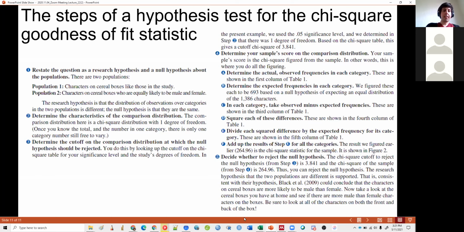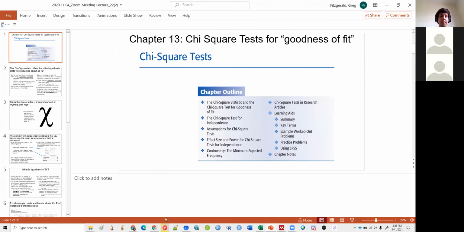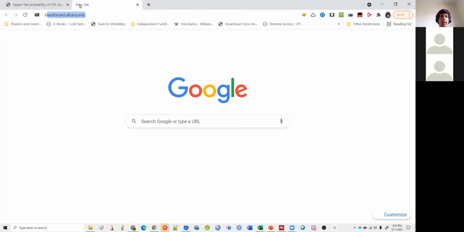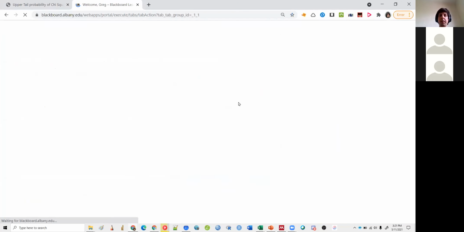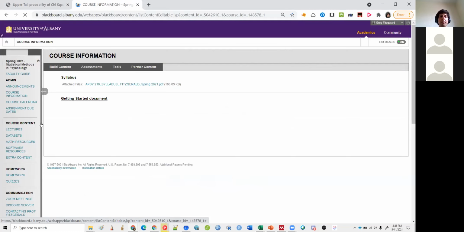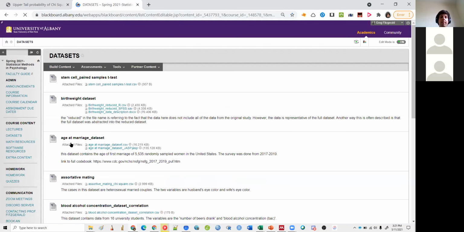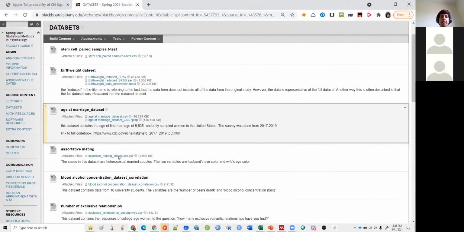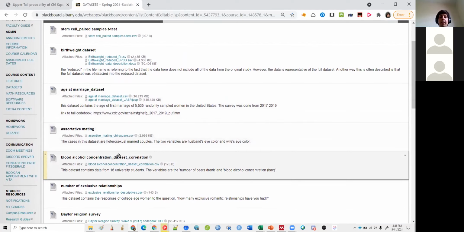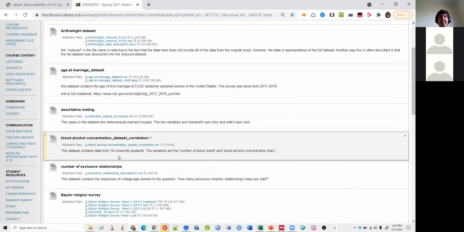So now that we've done this, let's look at some examples of the chi-square distribution in our Blackboard shared folder. All of these are going to be available to you in Blackboard in the tab called Datasets. There are actually several datasets here that are chi-square tests.